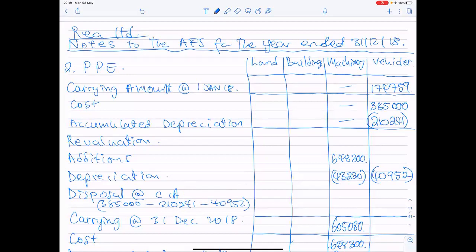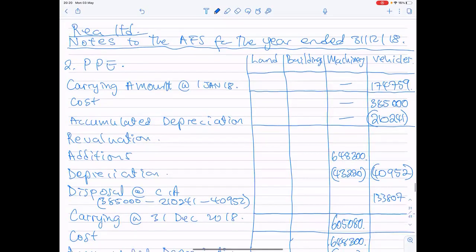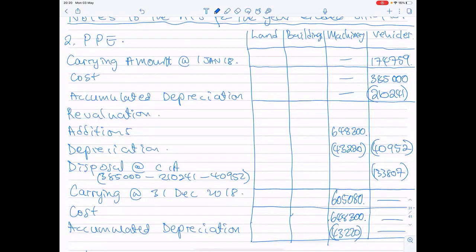So it will be 385,000 minus 210,241 minus 49,552. I'm getting 133,807. So at the end of the year, there is no vehicle.